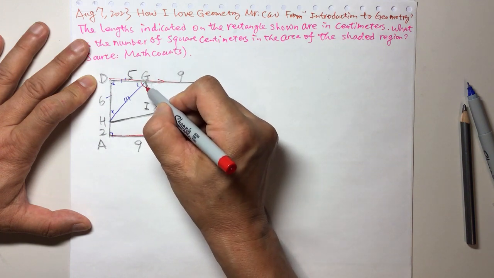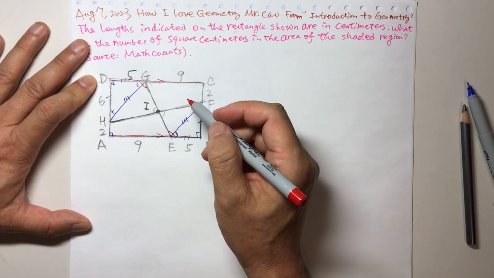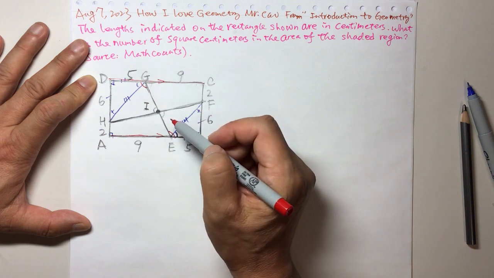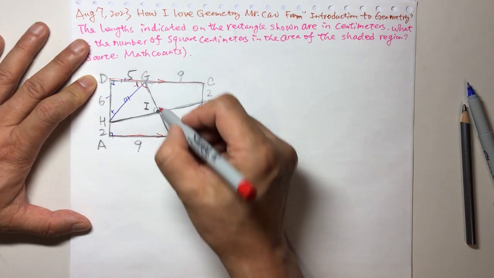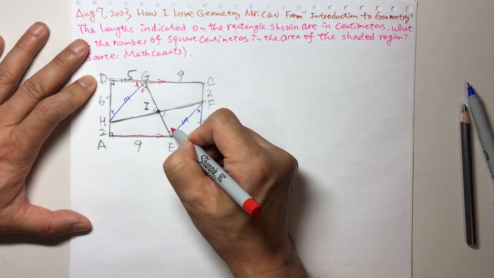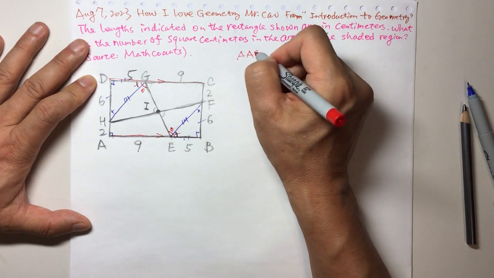This angle equals this angle, right? We know that's interior alternate angles, and also this angle is congruent to this angle. So this angle must equal this angle. Now we got AAS.